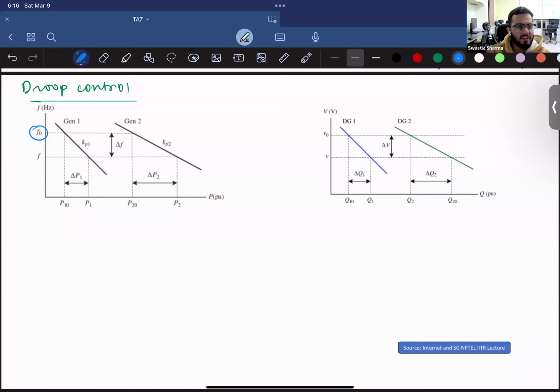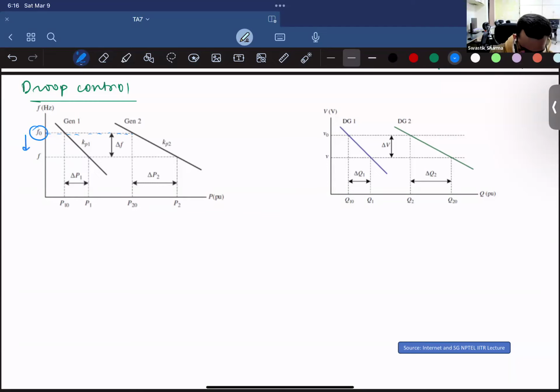Now, what happens generally is that this curve is used in such a way that an optimum power sharing is found for both the generators. Let's say the group controls are something like this, Gen 1 and Gen 2 curve. For F naught frequency, we have two different power levels for generator 1 and generator 2, given by P1 naught and P2 naught. Now, let's say under certain disturbance, the frequency fell.